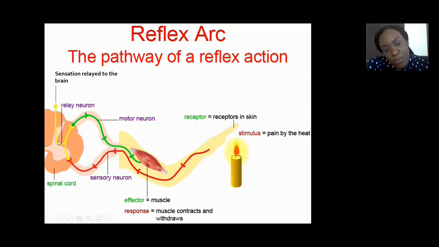Now remember this loop here? This loop is telling us that some of that information is actually being relayed to the brain. But in terms of bringing out your automatic response, that signal will pass along to your motor neuron, and then finally it will reach your effector, which in this case is your muscle, and the response will be to contract and draw your arm back, to remove yourself from the danger.